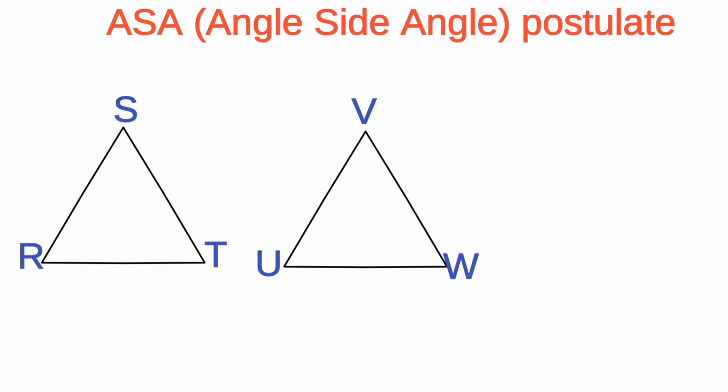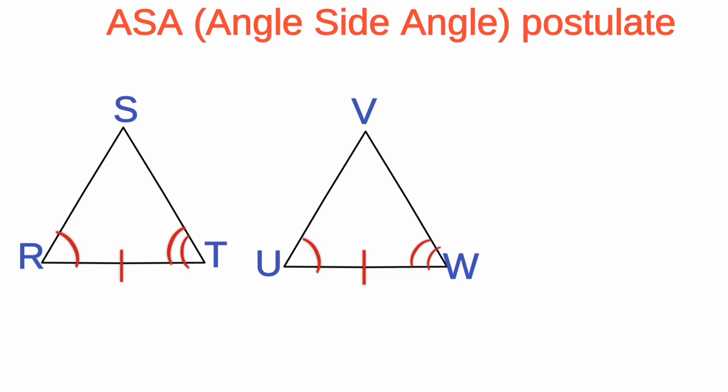Now, if angle R is congruent to angle U and side RT is congruent to side UW and angle T is congruent to angle W, we can say that these two triangles are congruent triangles. And the postulate that proves that these two triangles are congruent is what we call ASA postulate, that is angle side angle.